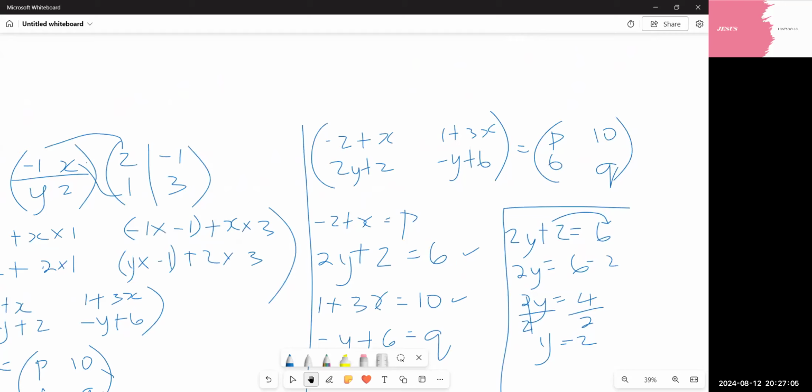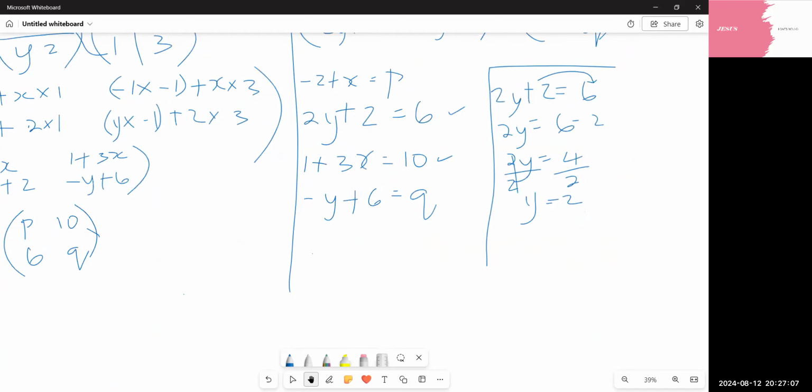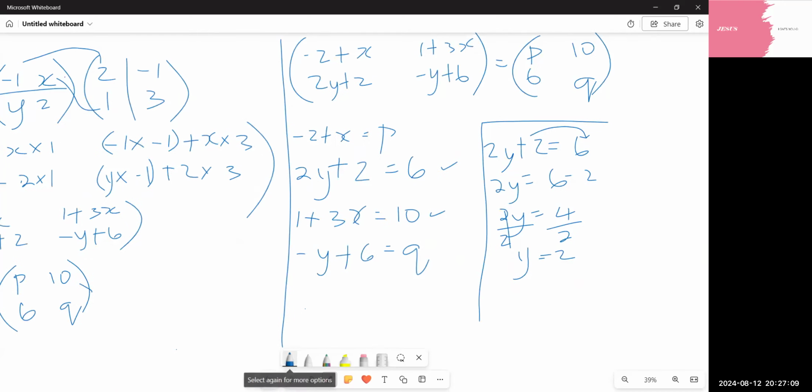And then now we want x. We're going to use 1 plus 3x equals 10. Transpose the constant first. So we're going to have 3x equals 10 minus 1, which is 9.